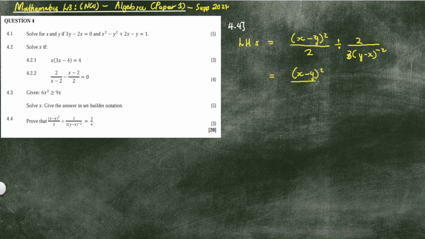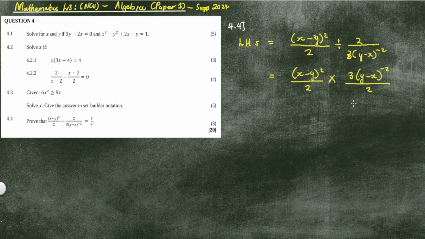Let's just do it. 2 multiplied by 3. Don't worry about the negative sign for now. (y minus x) raised to exponent minus 2 over 2.